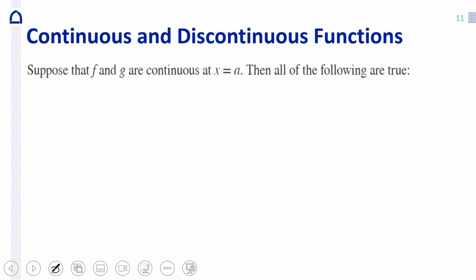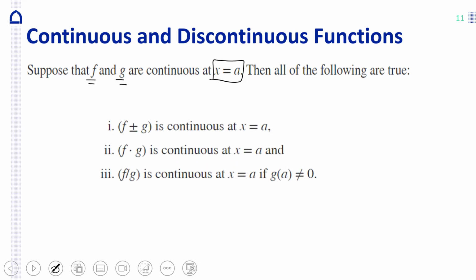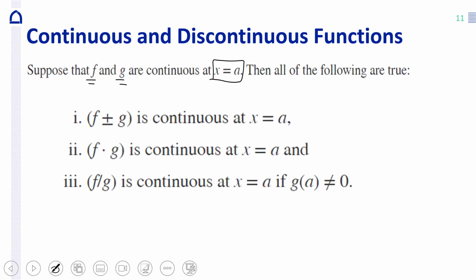Now, if we have two functions, both of them continuous at a specific value, what about the addition and subtraction of these two functions, and also the multiplication and division? As no surprise, the addition and subtraction will also be continuous at x equal to a. The multiplication will be continuous at x equal to a, as well as the division of the two functions, under one condition: for sure the denominator should not be 0.